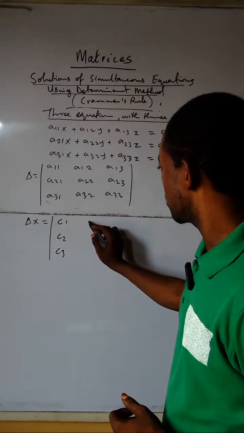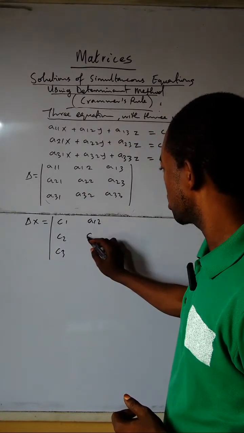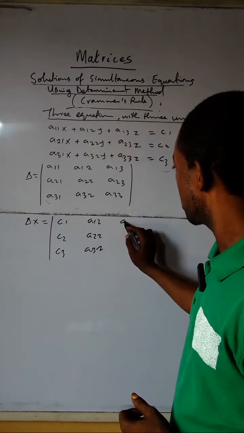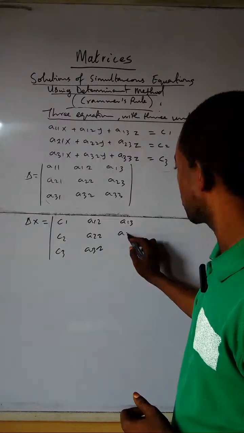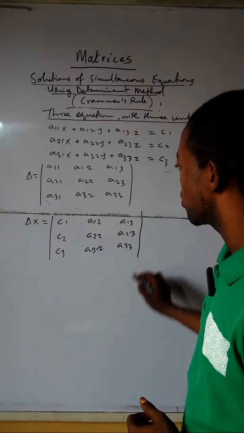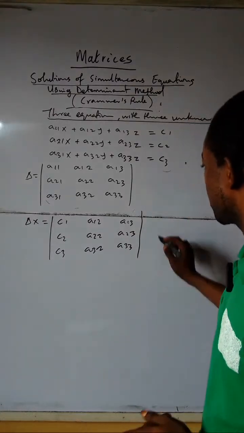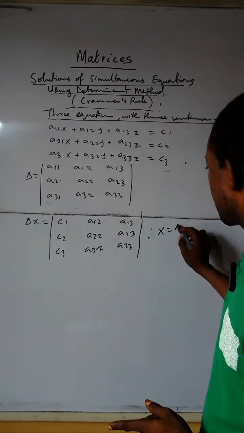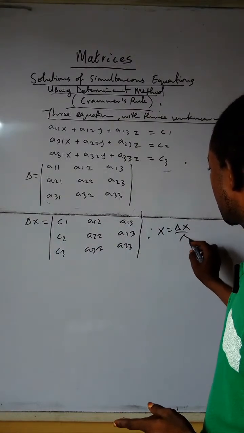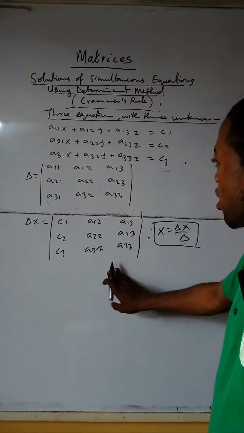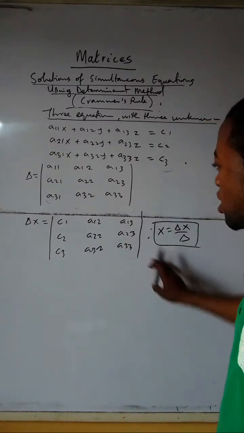Then we maintain the other ones as a12, a22, a32, then here a13, a23, a33. So this is the determinant with respect to x. Then x will be det x over determinant. So this is how to get x. Once we get det x and we get the determinant, x is det x over det.